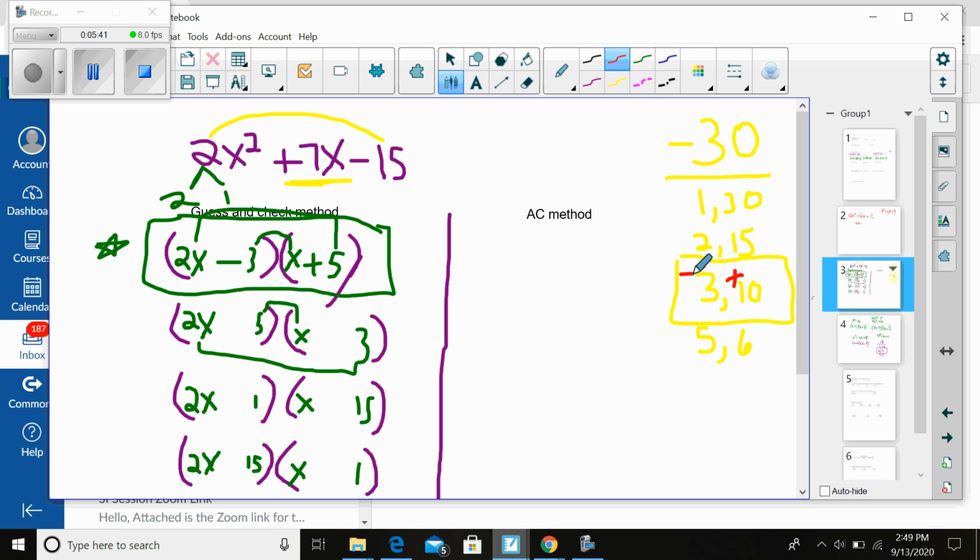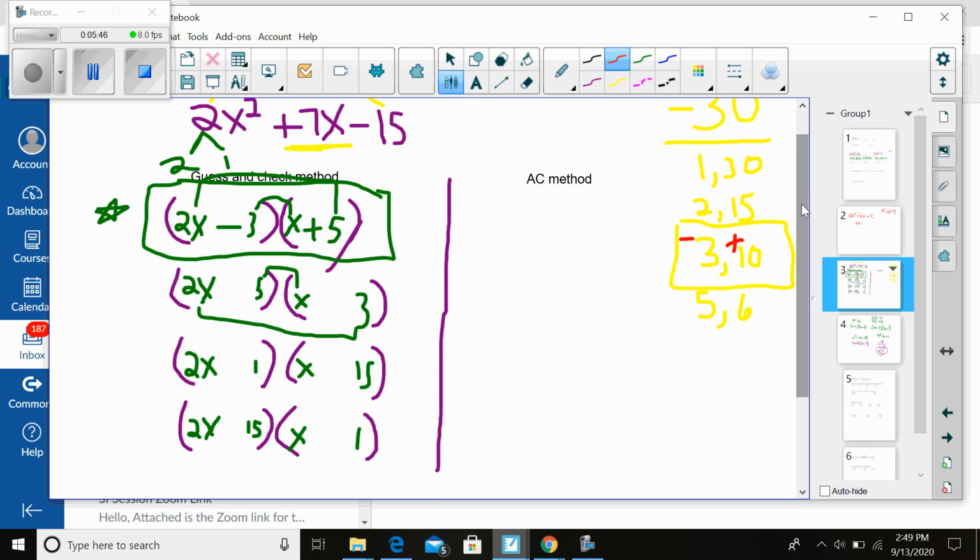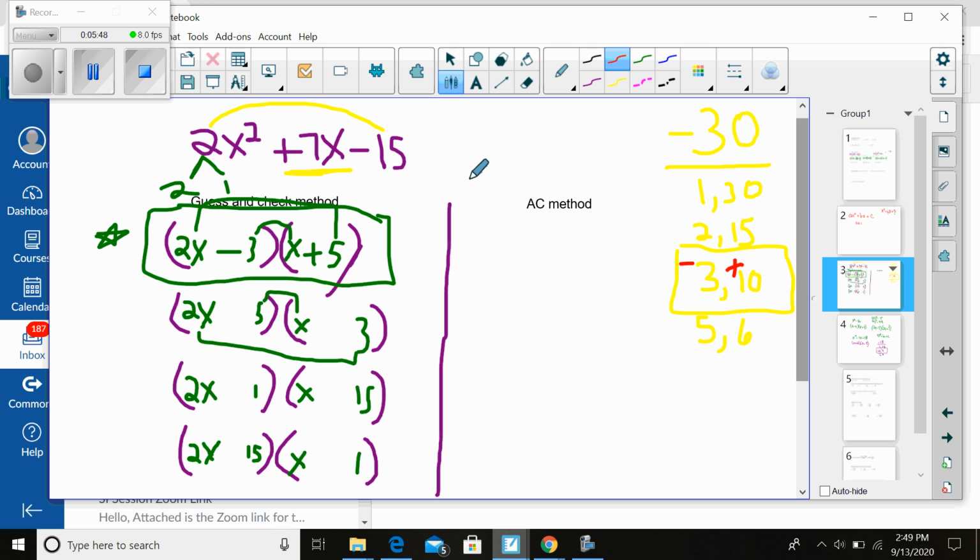Now, what I do is I rewrite the middle term, instead of writing 7x. Remember, one of the rules that I gave you is that we change the appearance without changing the value of an expression.